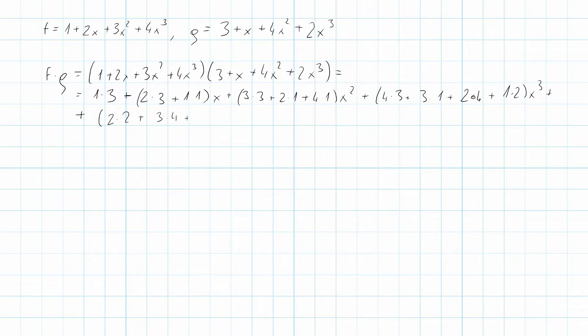4 times 1 x to the 4th power, now x to the 5th power, so 3 times 2 plus 4 times 4 x to the 5th power, and the only way to compute x to the 6th power is to multiply the leading terms of both polynomials, so it's 4 times 2 x to the 6th power.